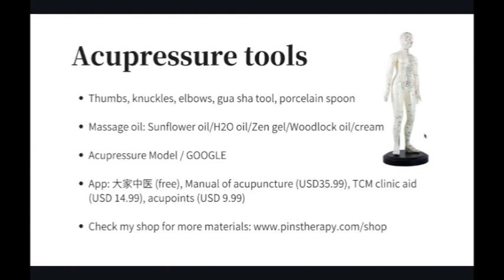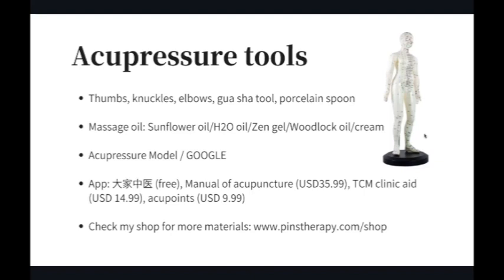These are available for sale in Australia as well, or in China if you know Chinese. But if you want to save money, it's easy nowadays because you can Google a lot of the acupressure points online, and you're able to see the location and video of the location as well as the indication. These sort of things are really readily available now.